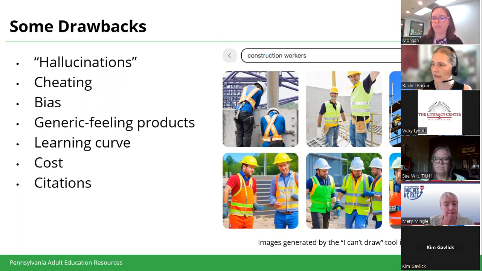So what I have on the slide is I used the I Can't Draw tool in Padlet, which is AI image generation, and I just asked for a picture of construction workers. At first glance, you may notice that some of these people have slightly odd proportions. Their reflective vests are very creative. But what else do you notice about these construction workers?